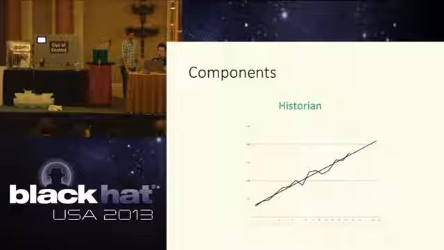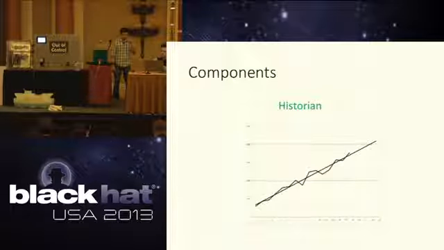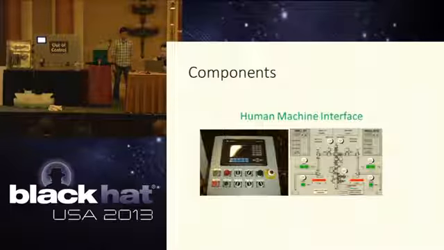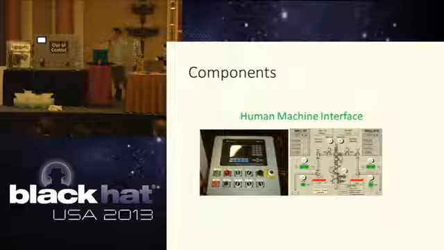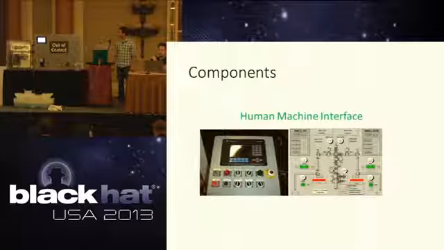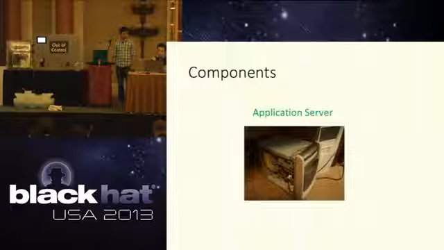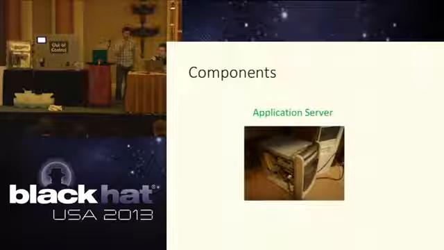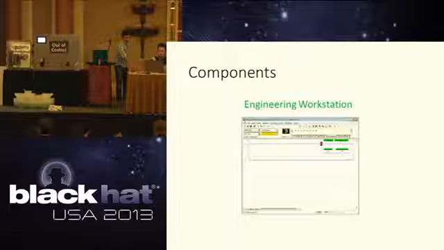And just briefly, we're going to go through and point out some of the components that we have here. Historian is not represented in our demo, but the HMI is the panel you see up there that's displaying a view. That's how the operator views the process and has some control. The application server is really just any computer that aggregates the data from the field to bring up to the network.